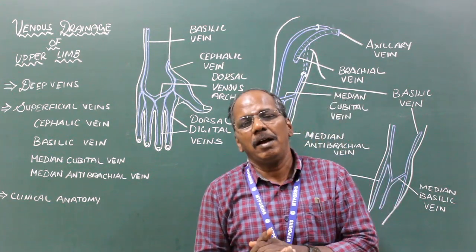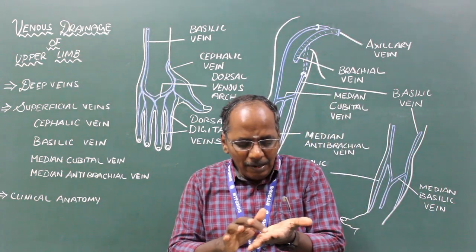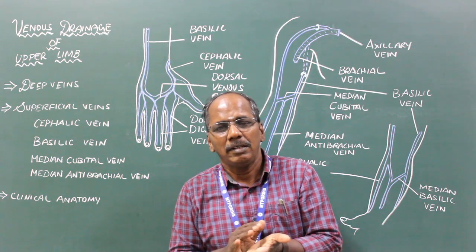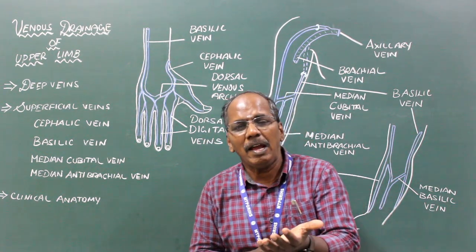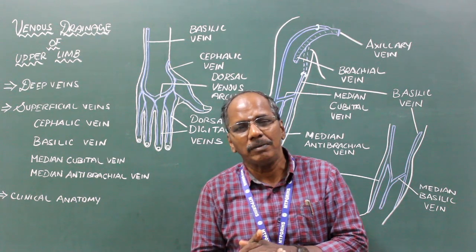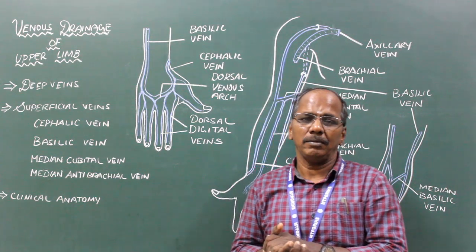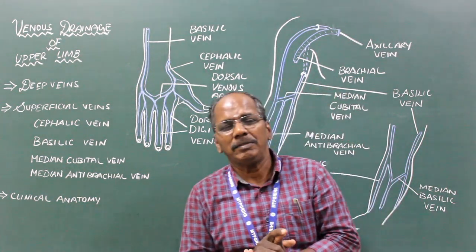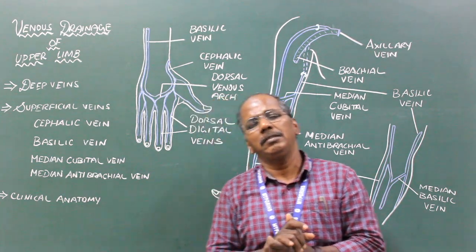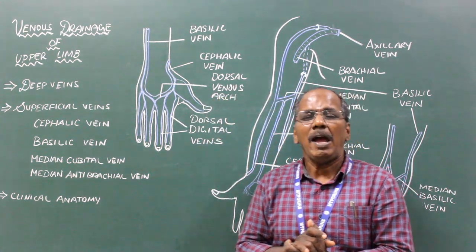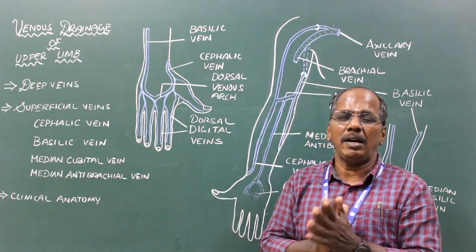The deep veins of the upper limb include palmar venous arch in the palm of the hand, radial vein and ulnar vein in the forearm accompanying the radial artery and ulnar artery respectively, brachial vein in the arm which accompanies the brachial artery, axillary vein in the axilla which accompanies the axillary artery.